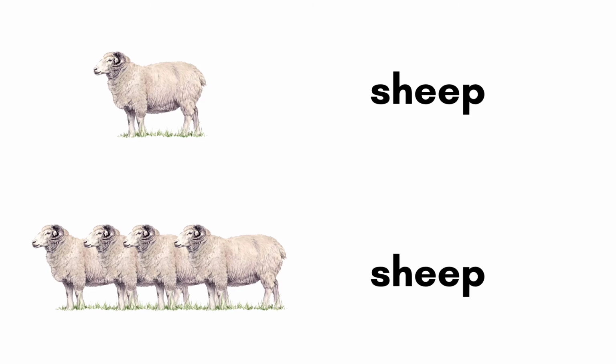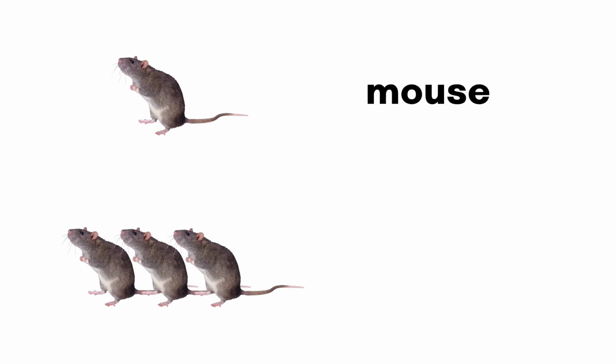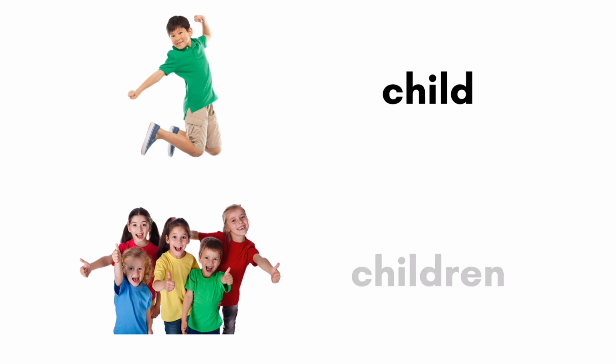That's right. Now this one. What do we call it if we have more than one mouse? We call it mice. Very good. The last one. What do we call it if we have more than one child? What is it again? Children. That's right. Very well done, everyone.